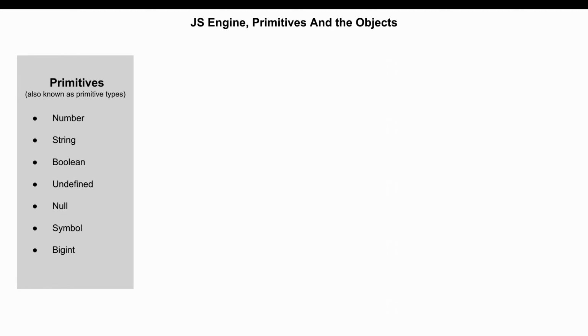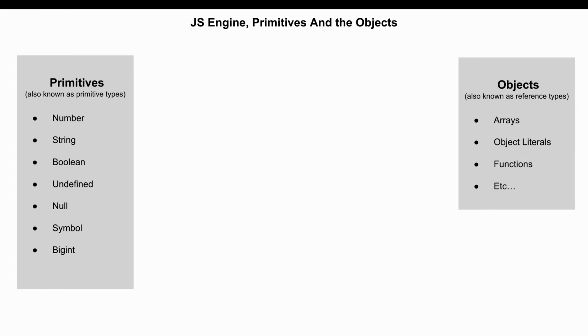In primitive values we have number, string, boolean, undefined, null, symbol, big int. And apart from primitives we have objects. In objects we have arrays, object literals, functions, and many more. So basically, apart from primitive values, everything else is an object in JavaScript, right?